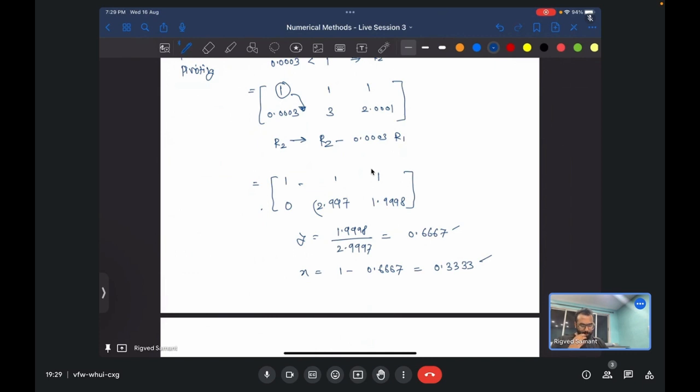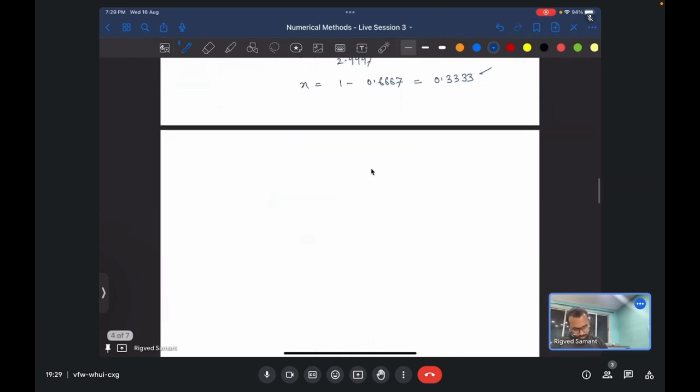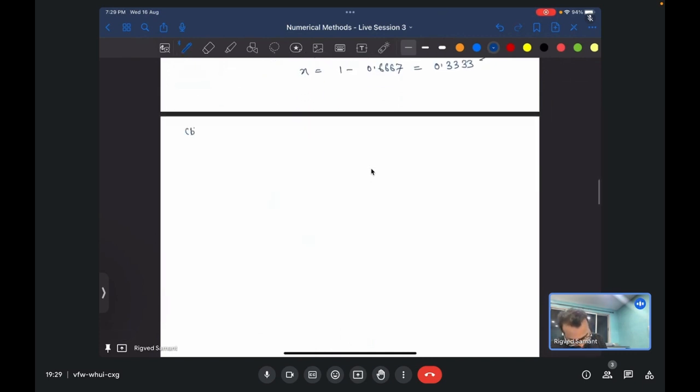So that part is over. The second part is without partial pivoting, which is nothing but naive, what we did in the previous class.